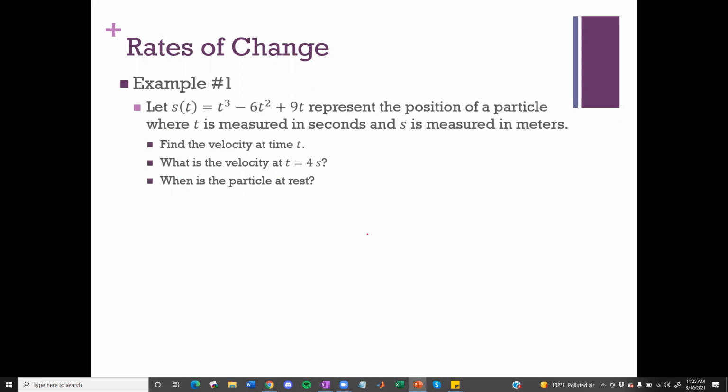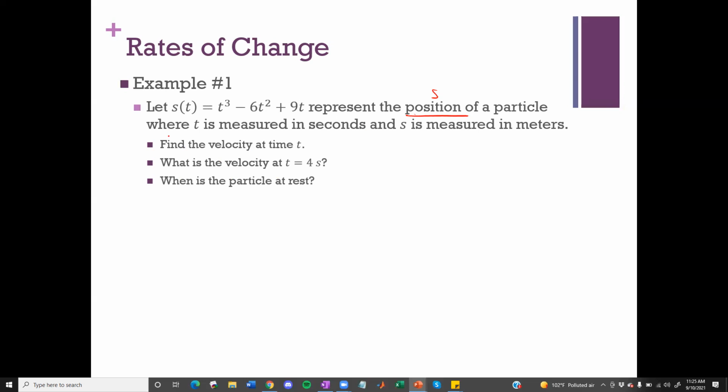So s is the position. If we think about how position and velocity are related to each other, velocity is a rate of change of position, right? So if I have a function that gives you a position and I want a function that gives you the rate of change of position, what do I need to do?